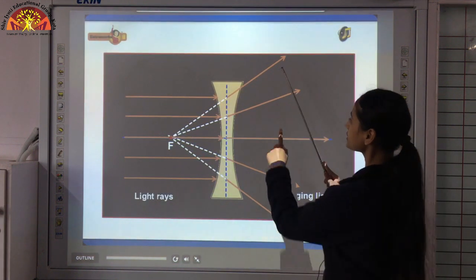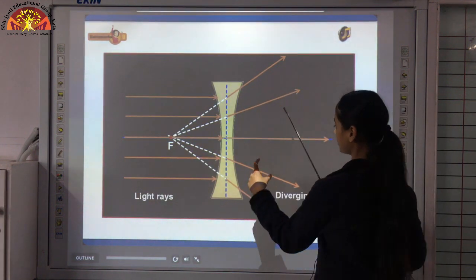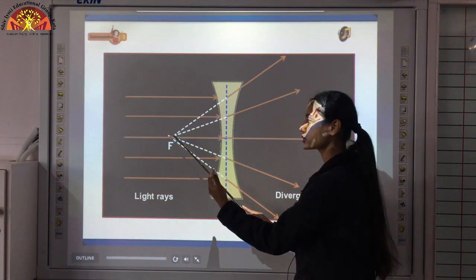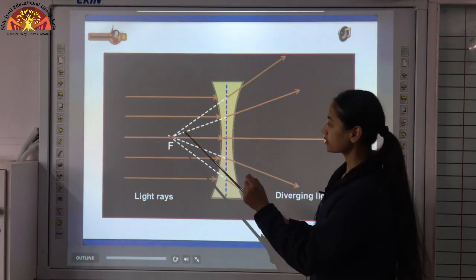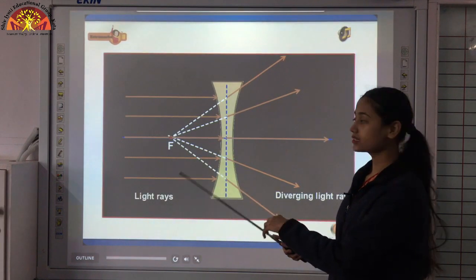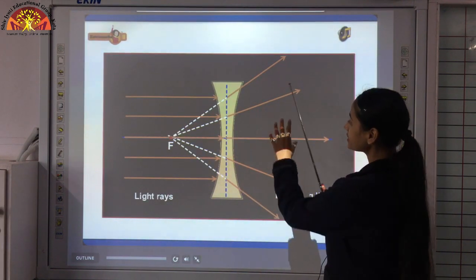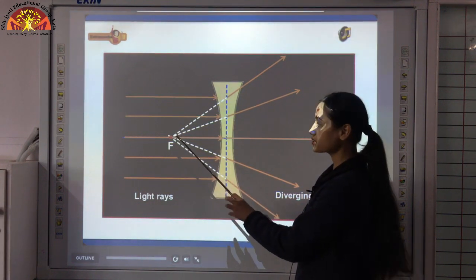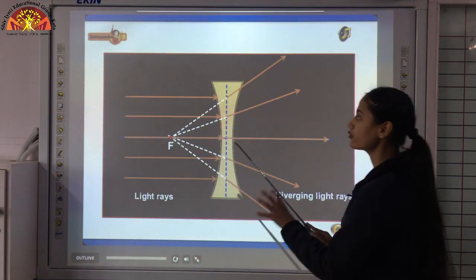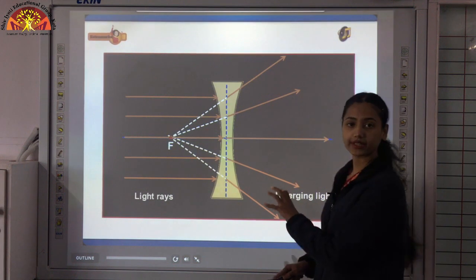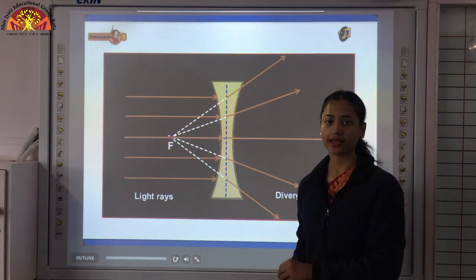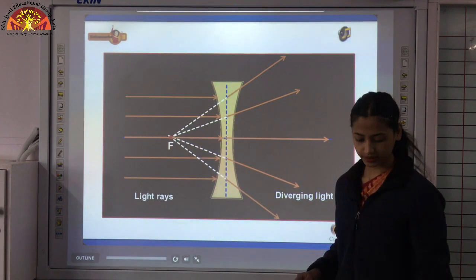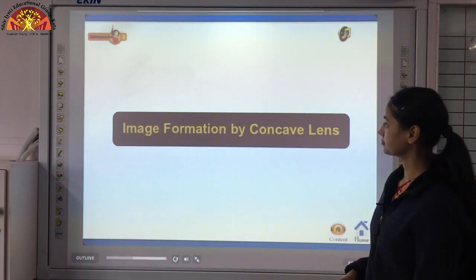But if you extend all these light rays in the backward direction, then we will get a point which is known as focus, and by this we can say that it appears these light rays are coming from a point, and that point is known as focus. So the type of image obtained from a concave lens is always virtual and erect because the light rays appear to be coming from a point.